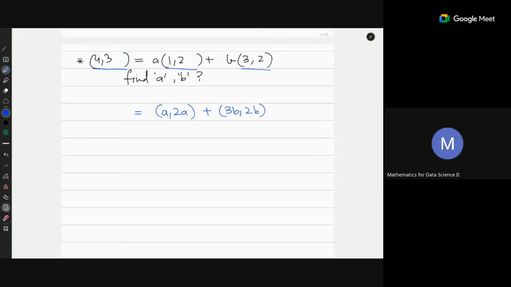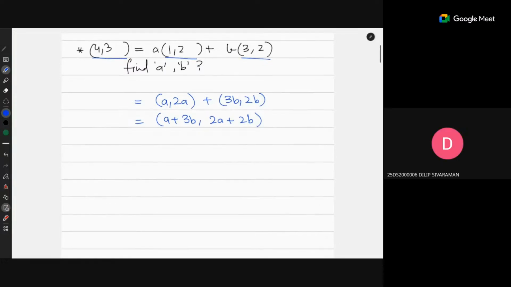Now, after scalar multiplication, you need to do an addition because there is an addition sign in between. How do you add two vectors? You add the first coordinate with the first coordinate, and the second coordinate with the second. So you will get (A plus 3B, 2A plus 2B). Any question till this point?